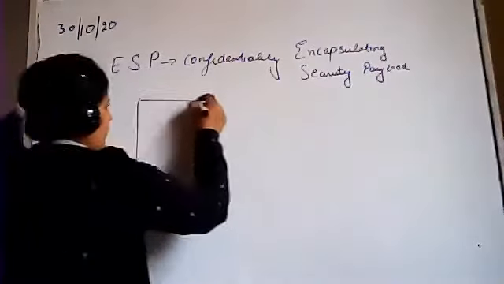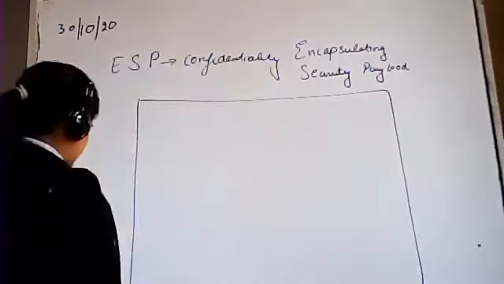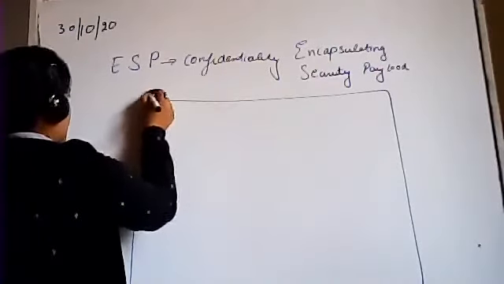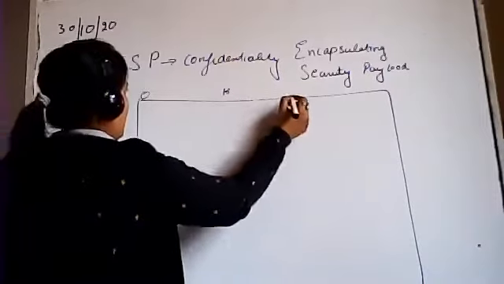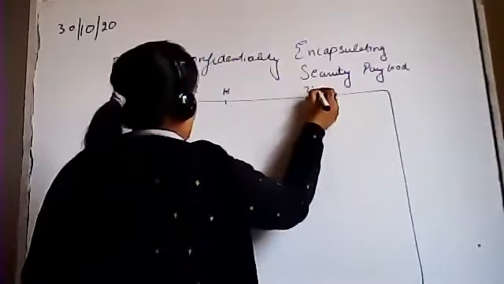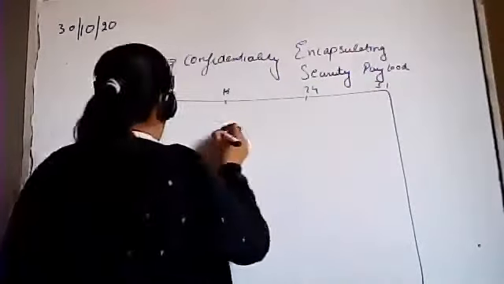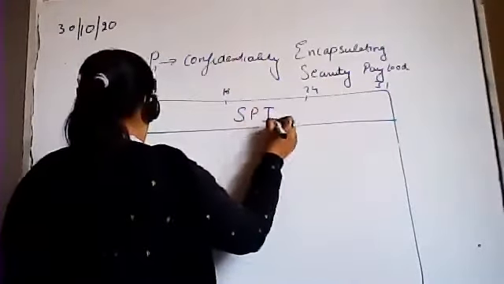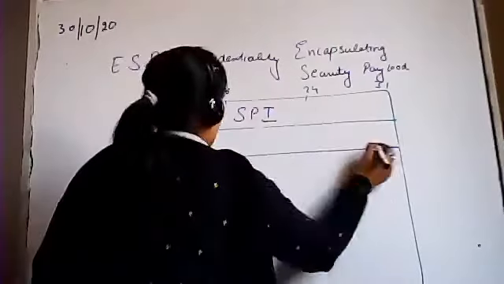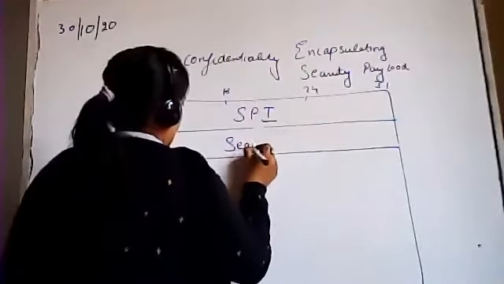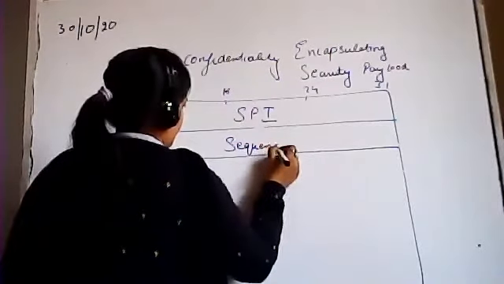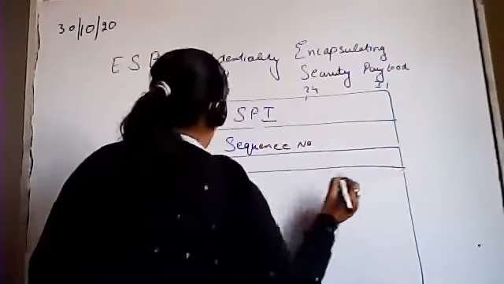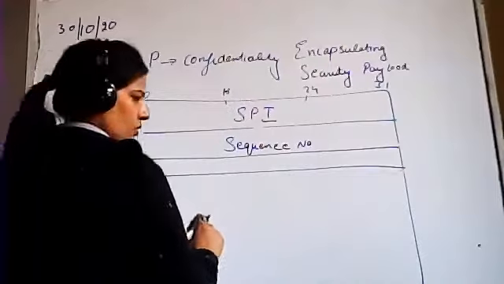We just discussed this, so we can say that this is the header format. Again we have 0, 16, 24, and here is 31. We have the SPI, the security parameter index. We have a sequence number over here. Then we have the payload data.